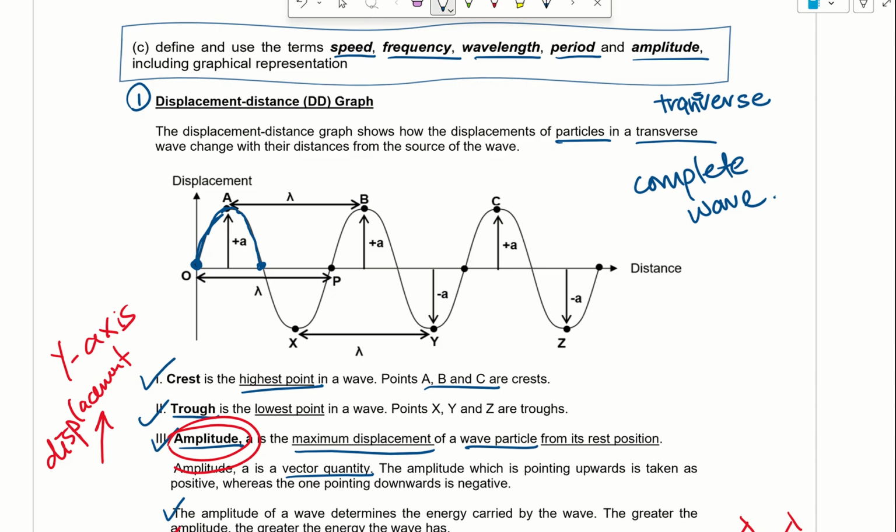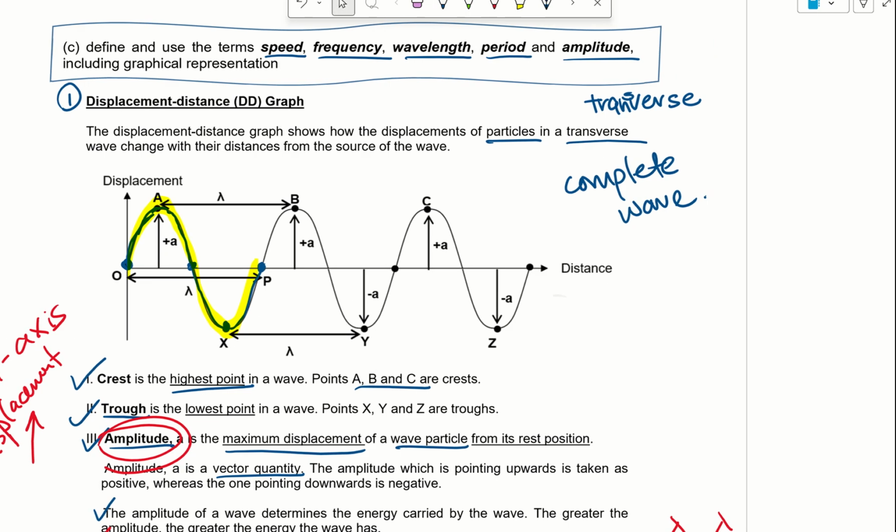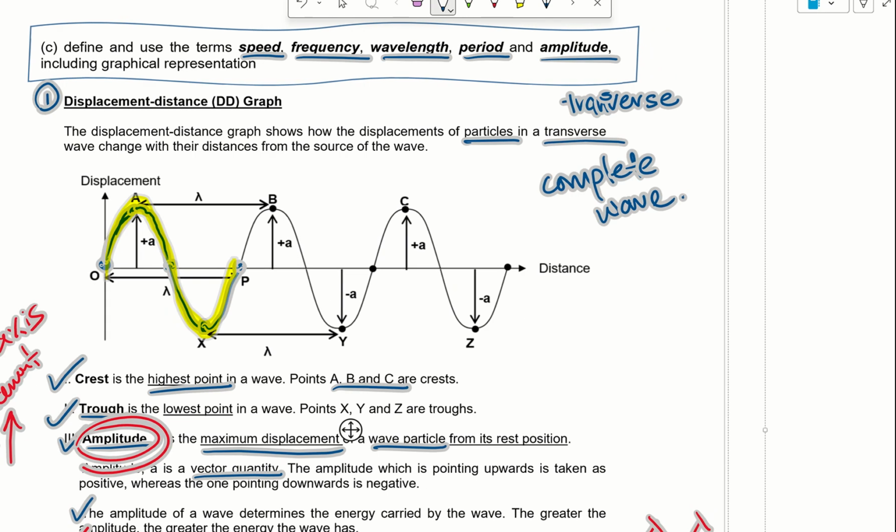But has it completed one cycle? Not yet, right? So it will continue to move down. It will reach the minimum, and then it will go back to the original rest position. So when I trace this out, it is a complete wave. Maybe I can use the pendulum to help me again.